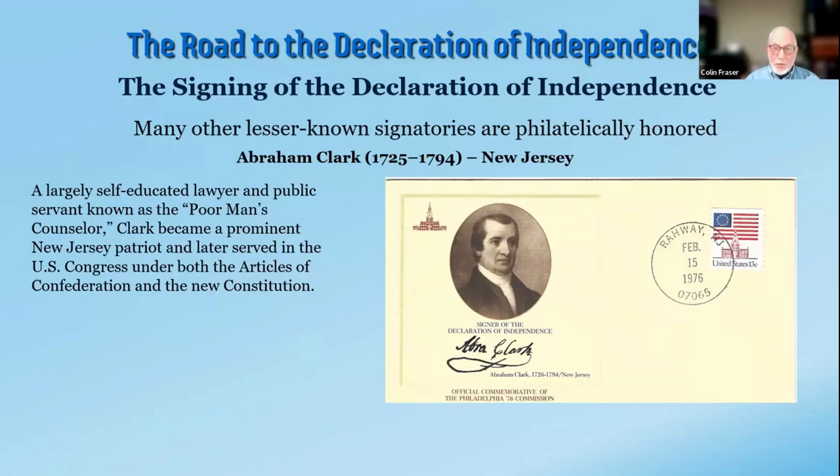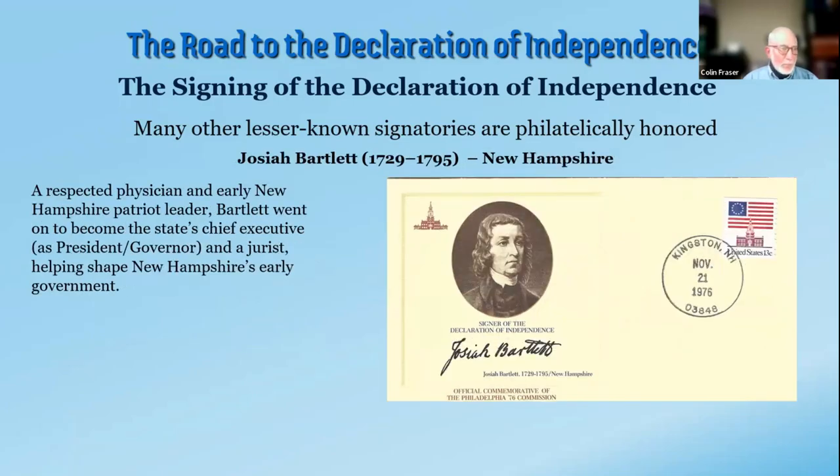So there's a great deal of turnover in these early years. And that's why Abraham Clark is a bit unusual in having served under both the Articles of Confederation and the new Constitution as well.